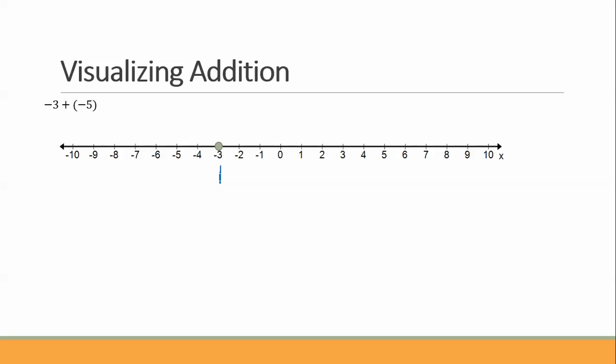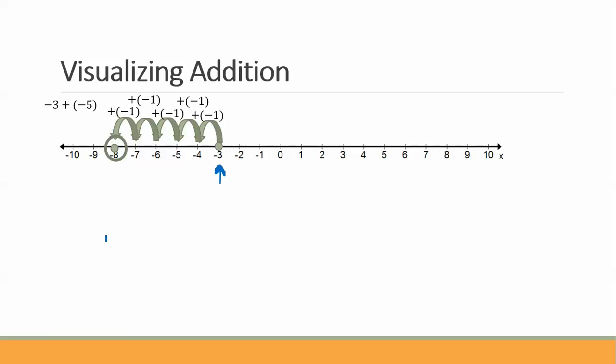We're starting at negative 3, and we're adding negative integers. So when we add negative integers, we want to go to the left. So negative 3 plus a negative 1, plus a negative 2, plus a negative 3, plus a negative 4, plus a negative 5 gives us negative 8.